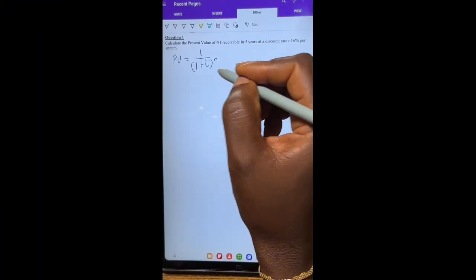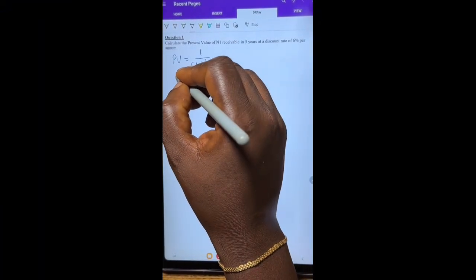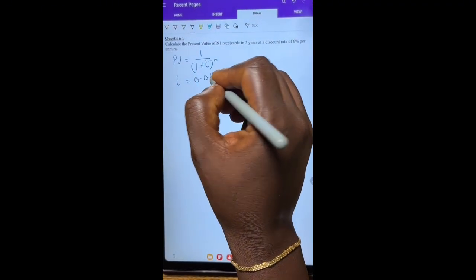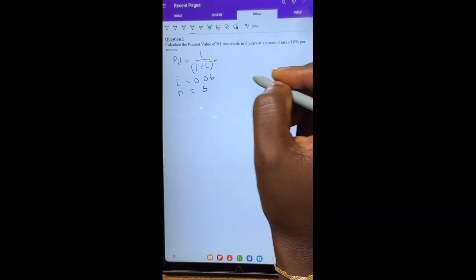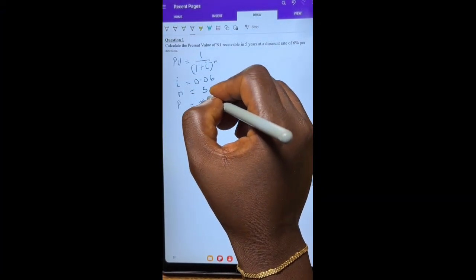And I've told you earlier, always state out your variables before you start calculating. So I in this question is 6%, which is 0.06, n is 5 years, and P, which is your principal, is 1 naira.